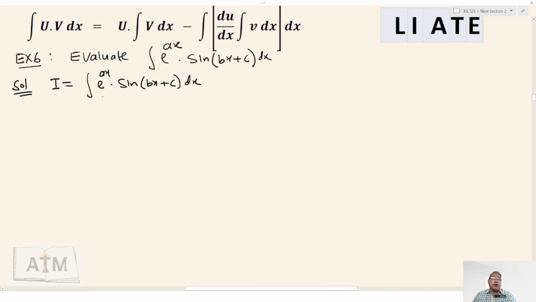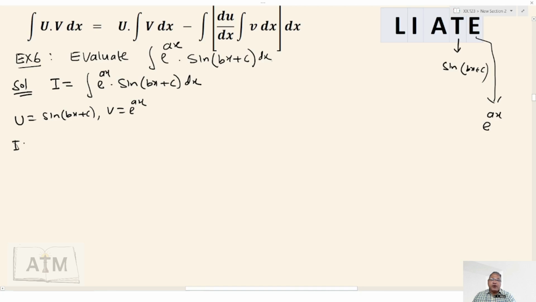Now first of all we apply the u into v formula. The trigonometry part, that is sin of bx plus c, and e raised to x is the exponential part, that is e raised to ax. Therefore u equals sin of bx plus c and v equals e raised to ax.